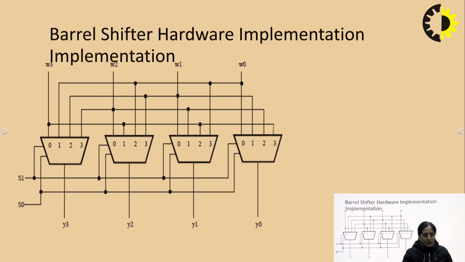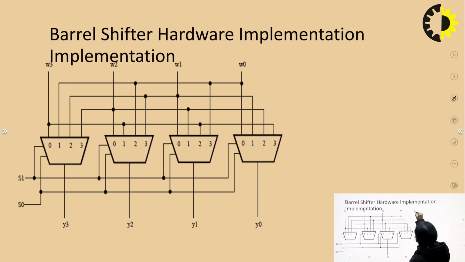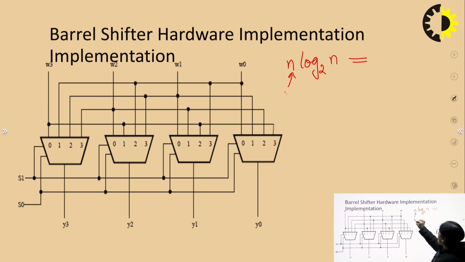For calculation of that, we have a relation: n log 2 n, where n is the number of bits for which we have to design this barrel shifter.